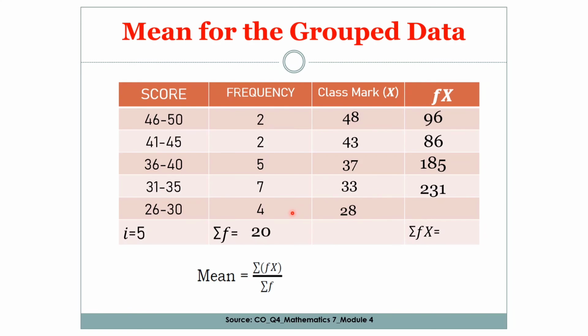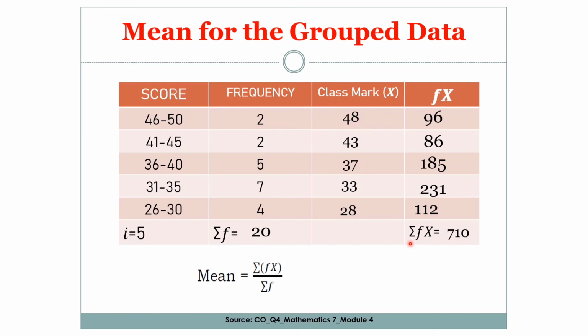And 4 times 28 is 112. And to obtain the value of this symbol, we are going to add all of these. And that is equal to 710.